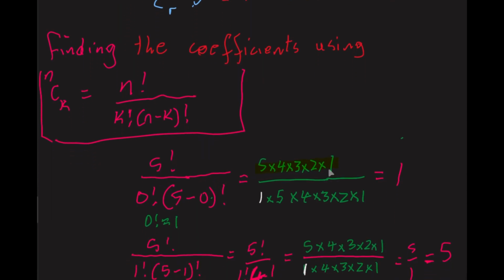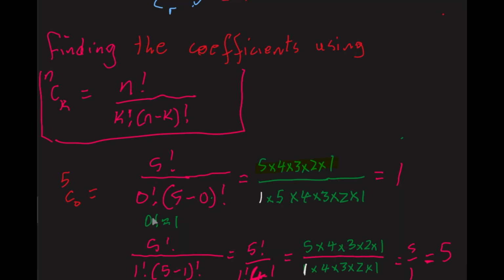So for 5C0, your n is 5, your k is 0, so n factorial will be 5 factorial, the k factorial will be 0 factorial, your (n minus k) factorial will be (5 minus 0) factorial. So that is how you would work out 5C0 using this formula.